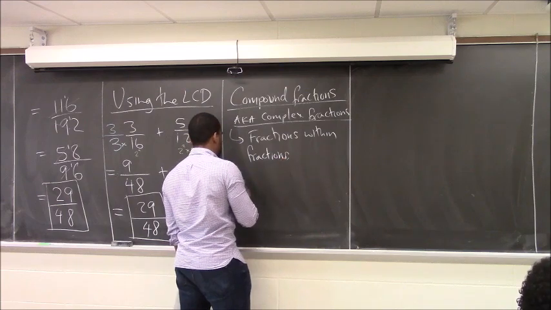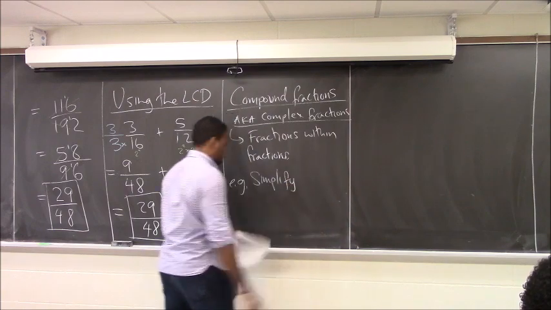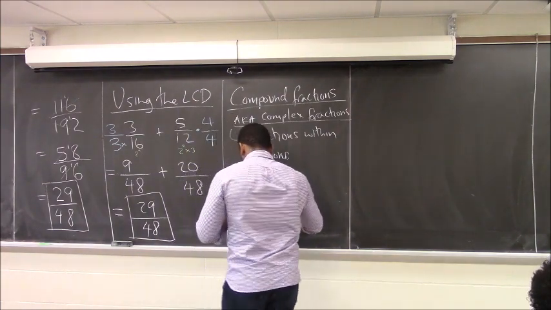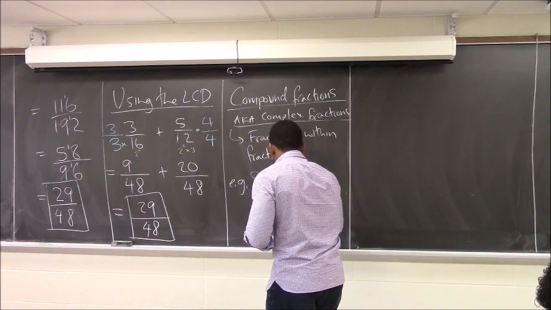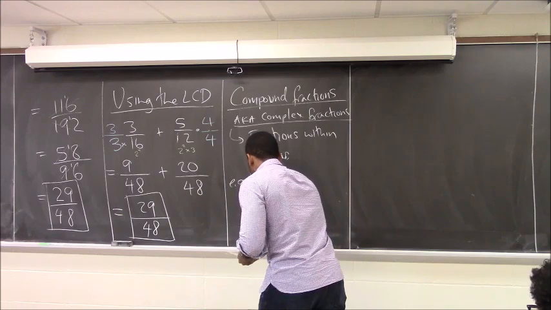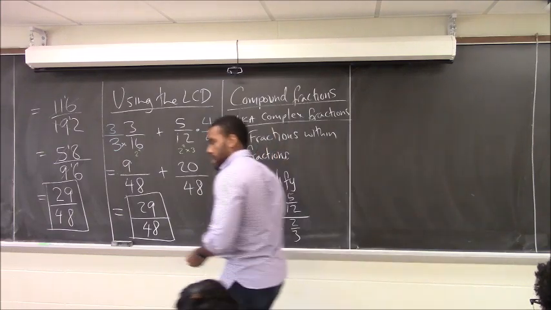So example, let's look at this one. Simplify 3 over 16 minus 5 over 12 all over 3 over 4 plus 2 over 3. So look at that scenario.